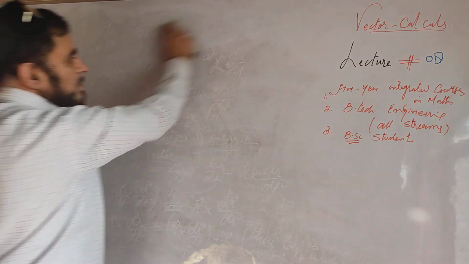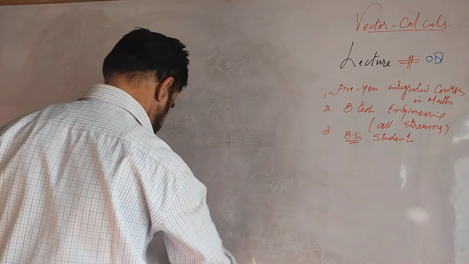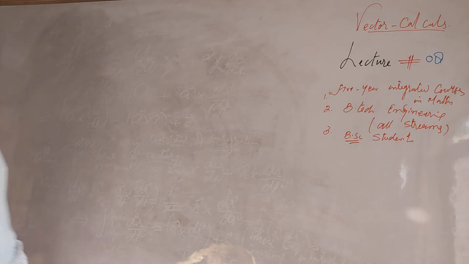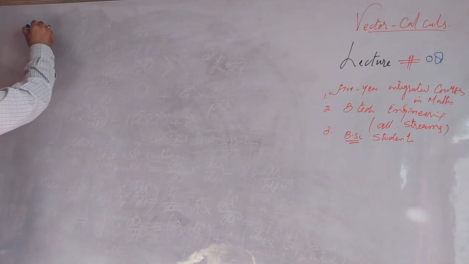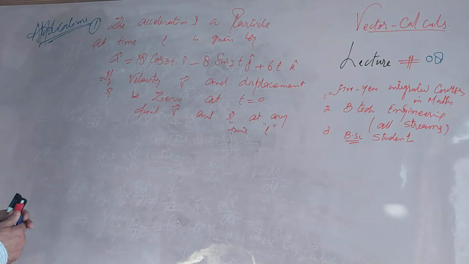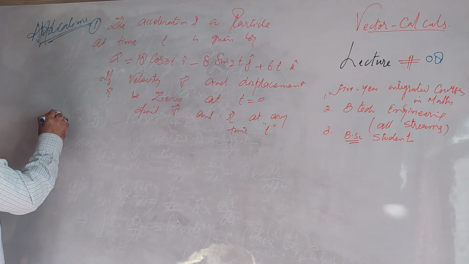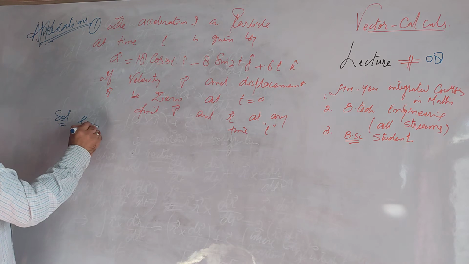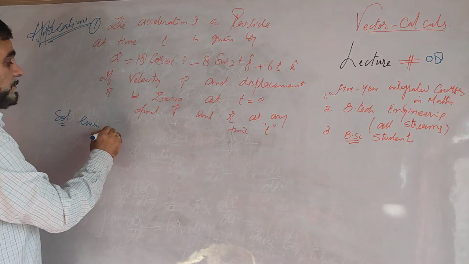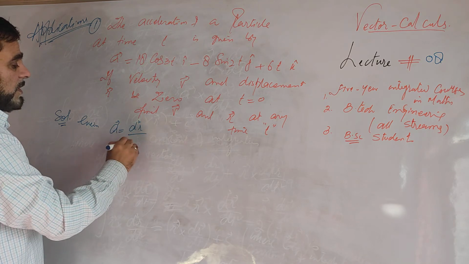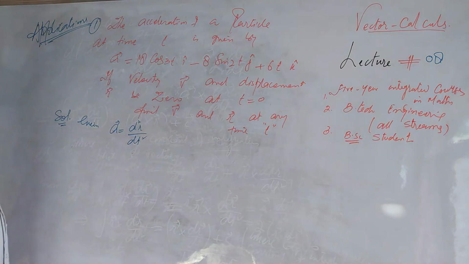I will share with you the application here. At any time t. How do we go? Let us have the solution. We are given the acceleration, which is also d2r by dt square.